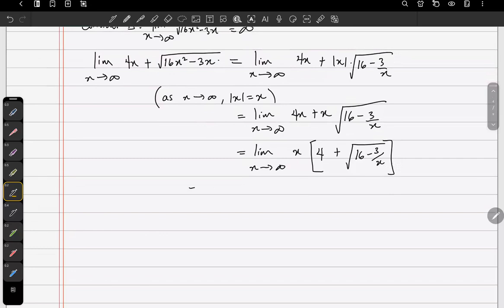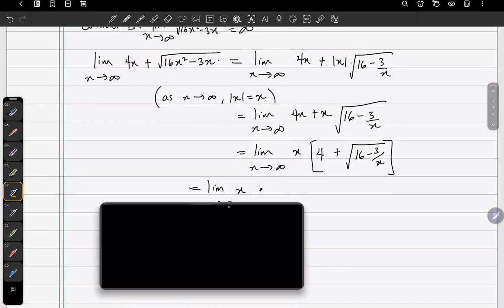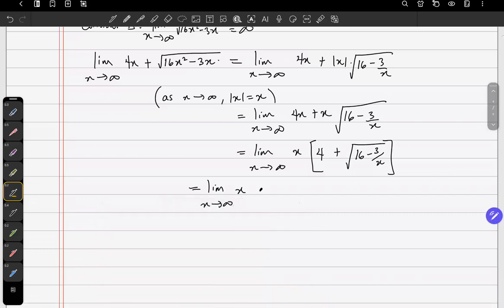And this becomes the limit as x goes to infinity of x times the limit as x goes to infinity of 4 plus the square root of 16 minus 3 over x.